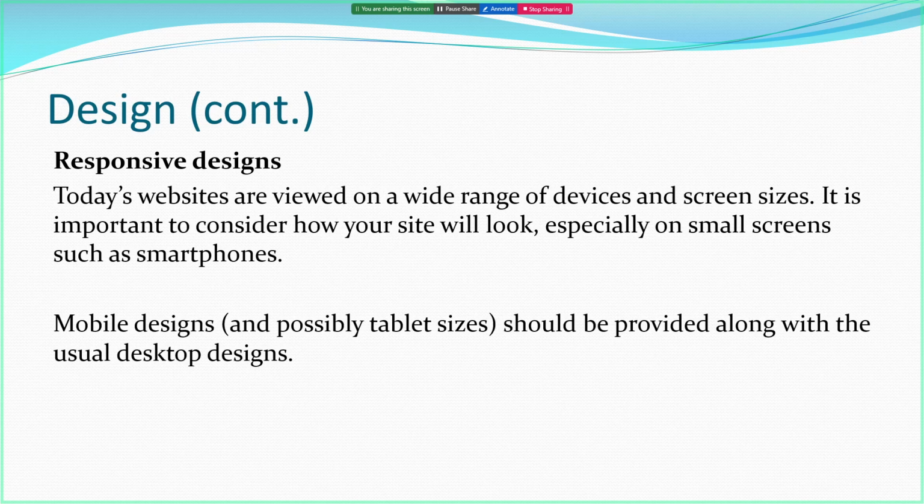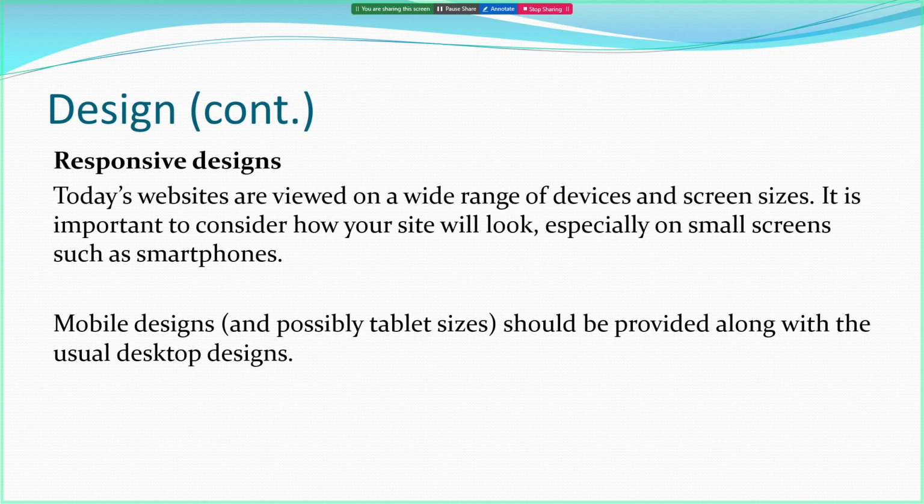We also need to remember that not everyone is going to be viewing the information on the same type of device. A lot of people are using their smartphones, tablets, rather than desktops.